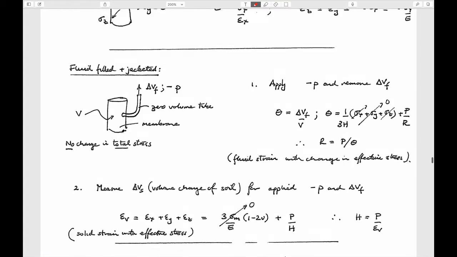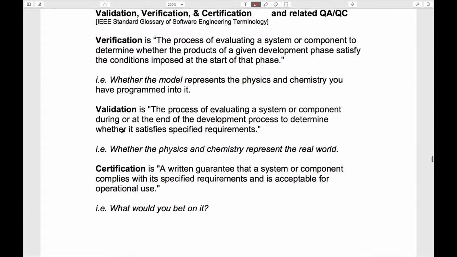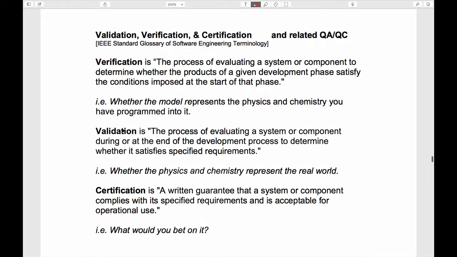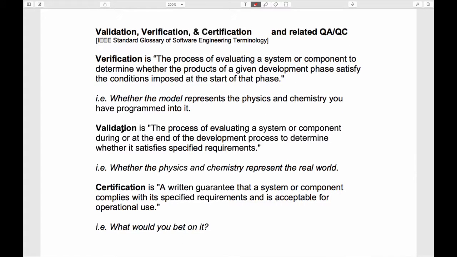Before I do that, though, I wanted to skip back to this. You should always be aware that if you don't want to suffer the injustice of presenting something and someone pointing out something in your presentation that doesn't make sense, then you should always make sure that you validate and verify models.